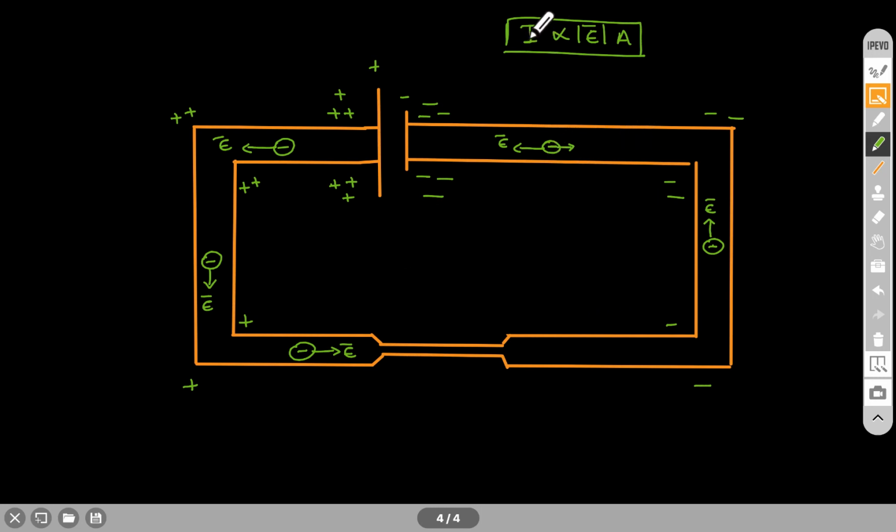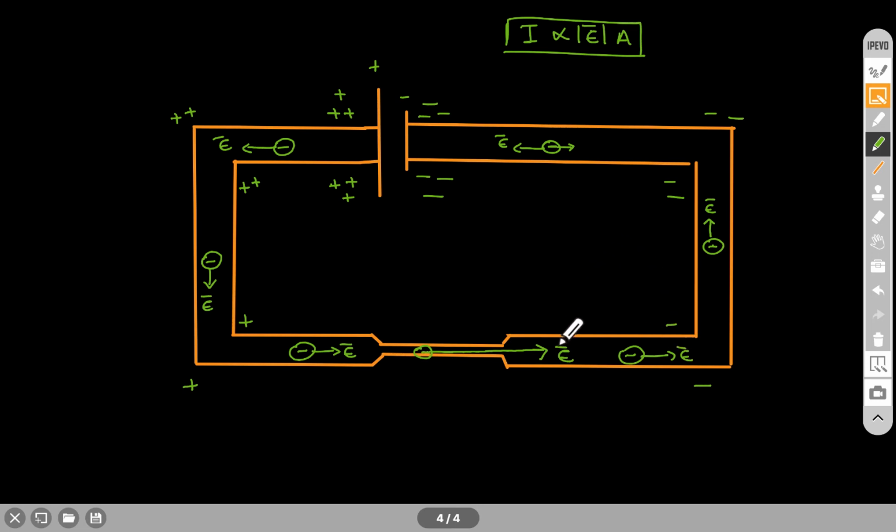If I is the same and the area decreases here, this means that the electric field needs to increase to compensate for that. So for an electron that is here, in this very thin wire, it will need to experience a much greater electric field than what it does in the rest of the wire.